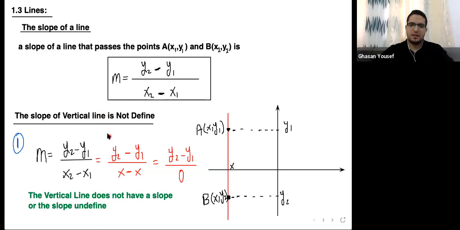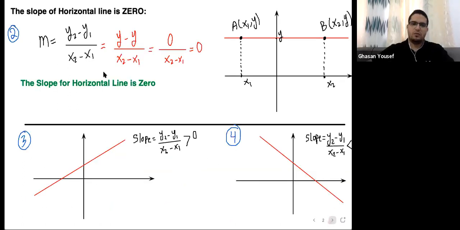The vertical line does not have a slope, or the slope is not defined. Then we moved to the horizontal line. The horizontal line always has a slope of 0. We showed that by using a line with two points in the Cartesian plane, and plugging these points into the slope formula, I get 0.